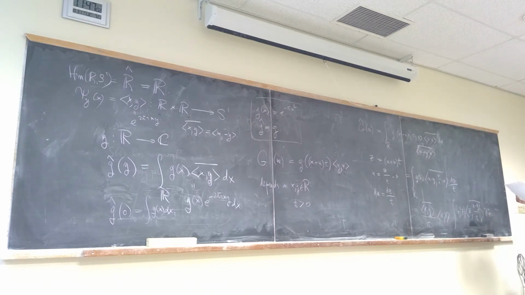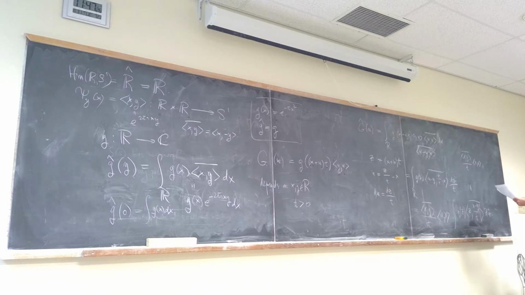Okay. Well, this itself is a Fourier transform. This is equal to x y bar over t, times ux, right?